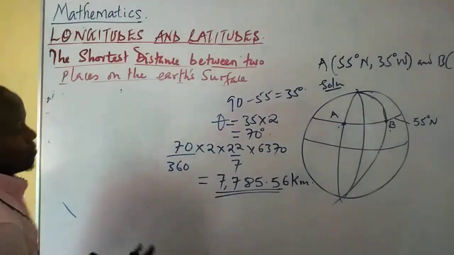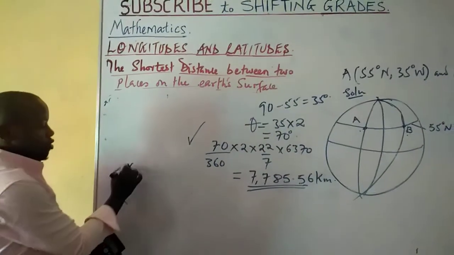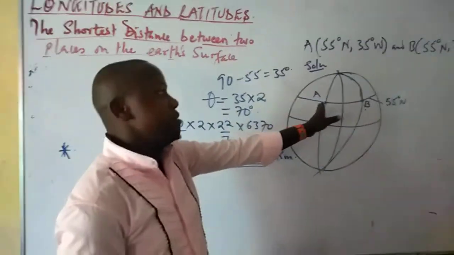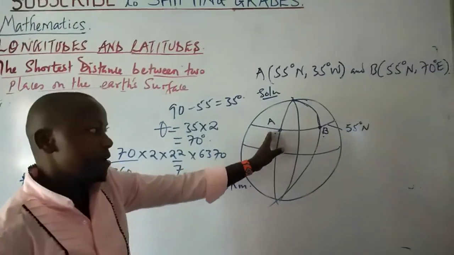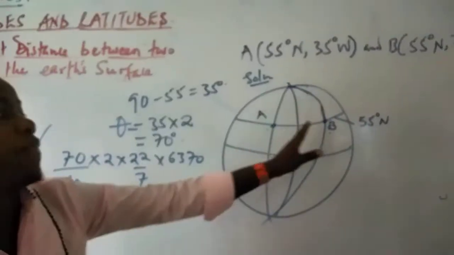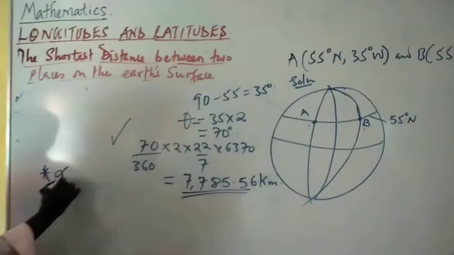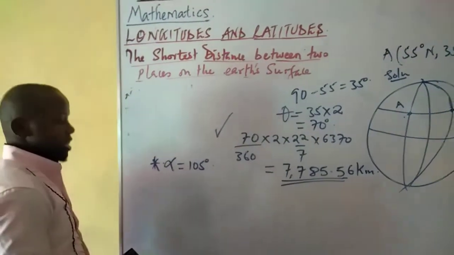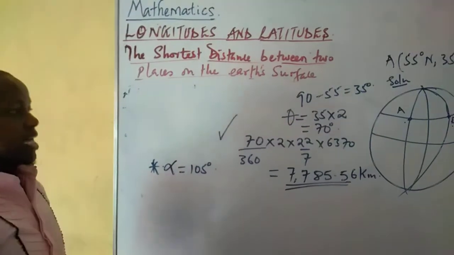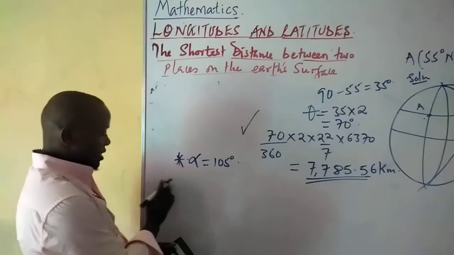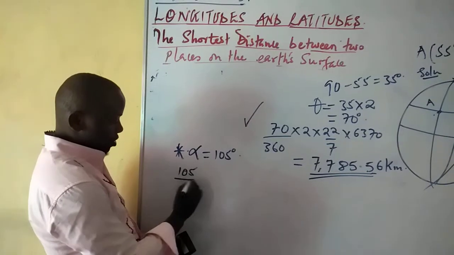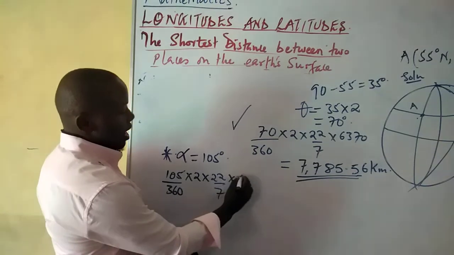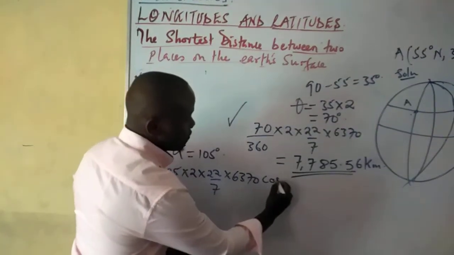We can confirm. In case we follow the parallel latitude between A and B, A is at 35, B is at 70. Therefore, the difference in longitude will be 35 plus 70, 105 degrees. Therefore, when we consider distance in a small circle, the distance is given by 105 over 360 times 2 pi r cosine of the latitude.